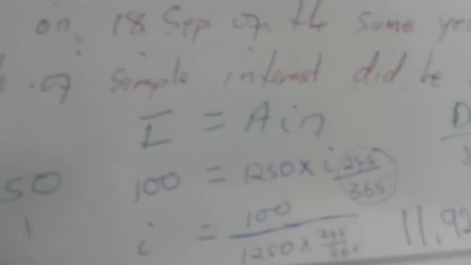You divide by 365, because in 1 year there are 365 days. So this is the same as years. We have converted days to years. So once you do this, you go there. But remember, like I said, you must know how to punch this part here. Very important. So your answer is 11.92. Simple interest.